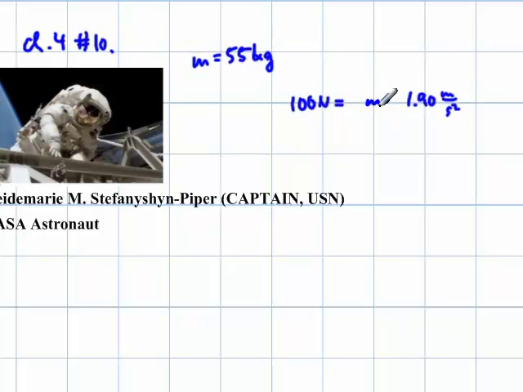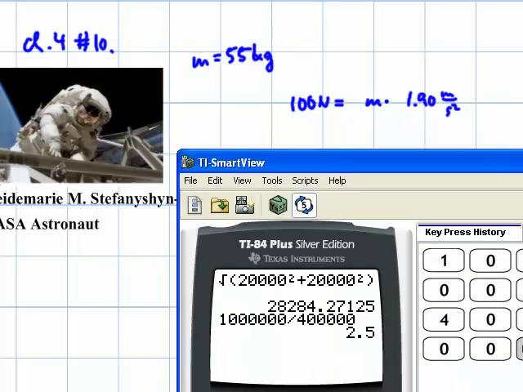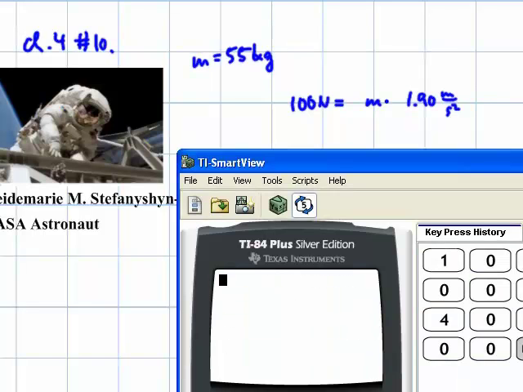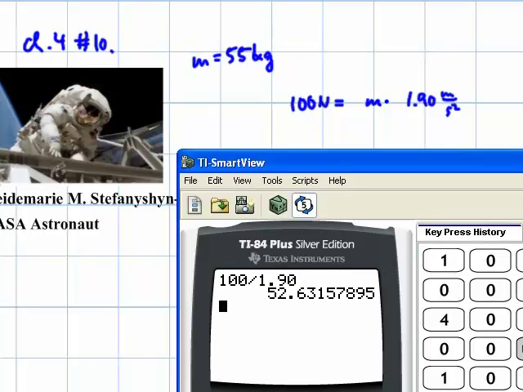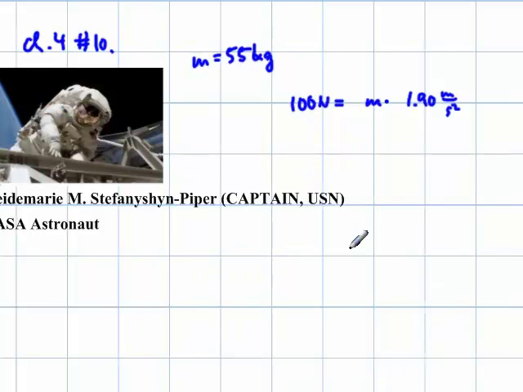So force equals mass times acceleration, so it's going to be 100 divided by 1.90. I come up with 52.6 kilograms.